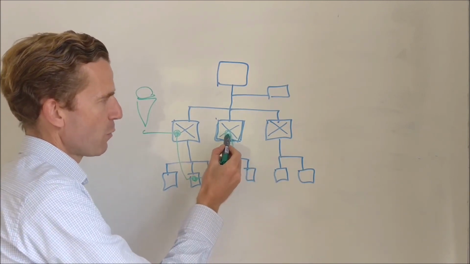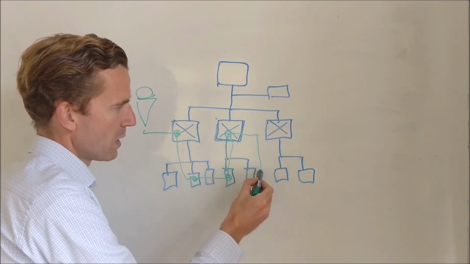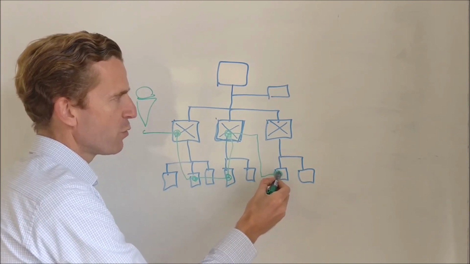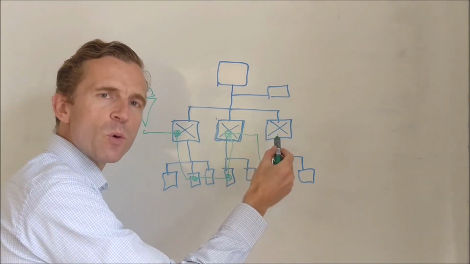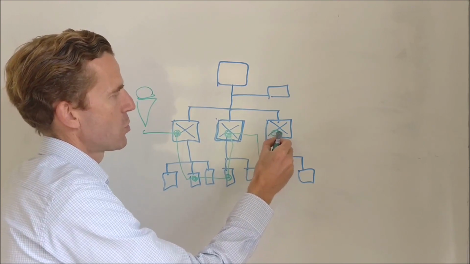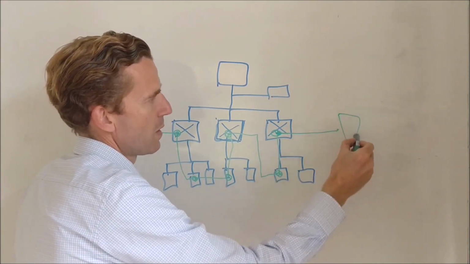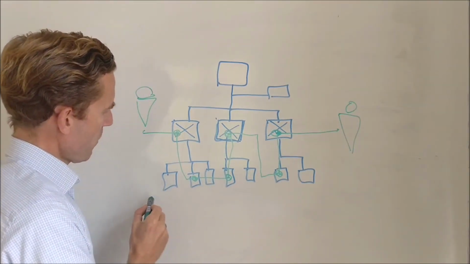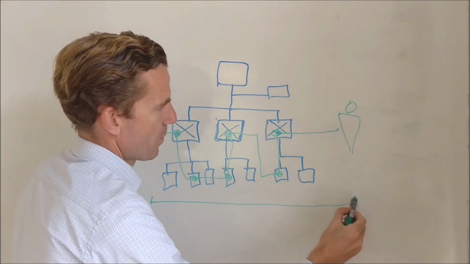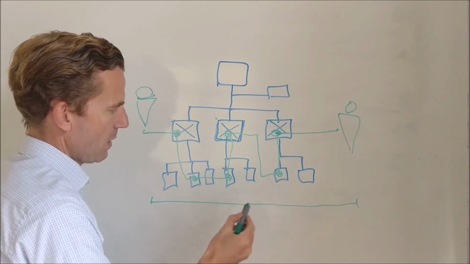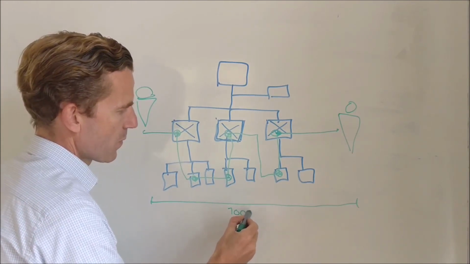And once they have produced, it may go into some kind of inventory before there are enough orders to send off a truck. Then the truck goes off and the customer gets his order. Now, this whole journey may take, let's say, 100 days.